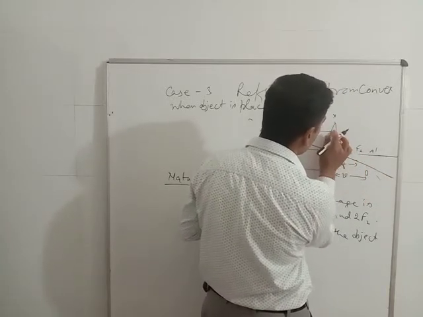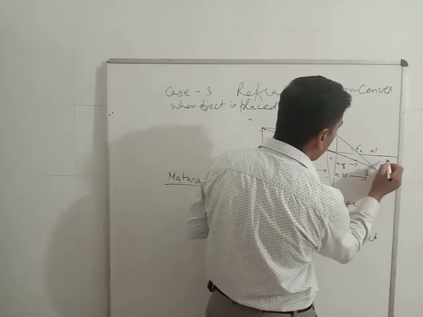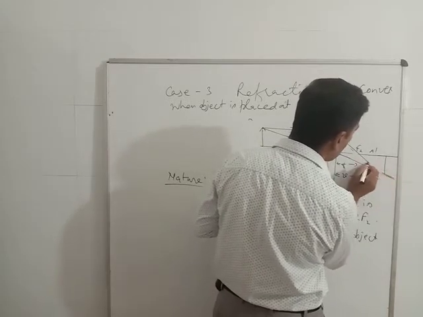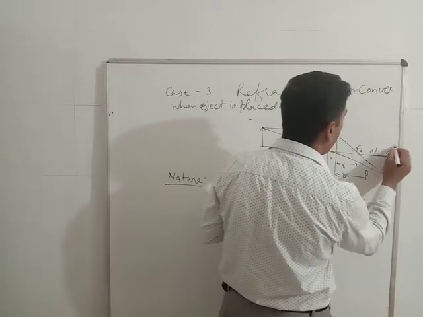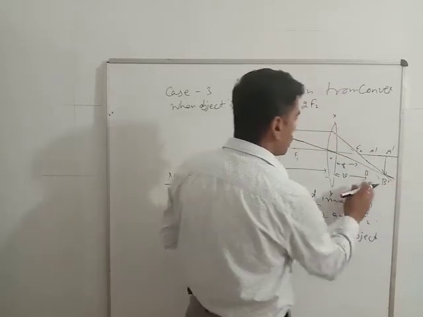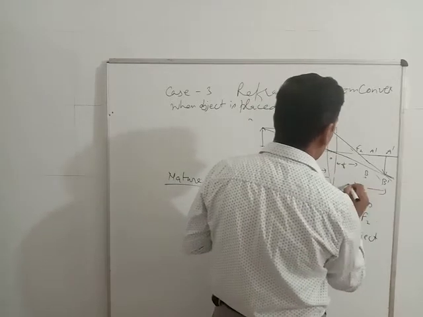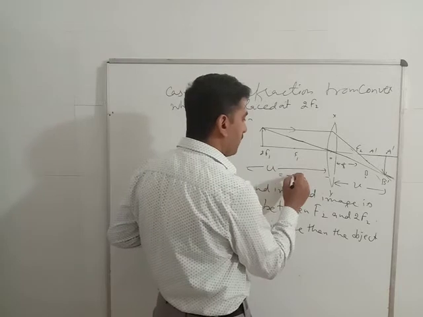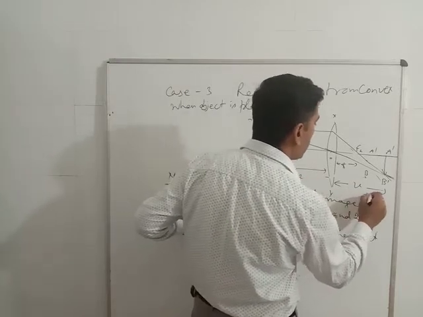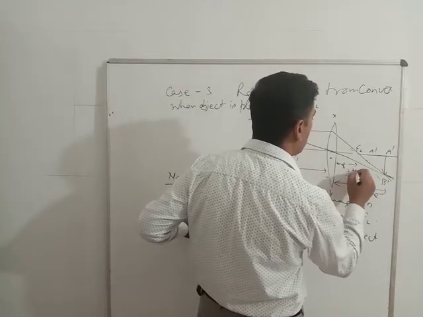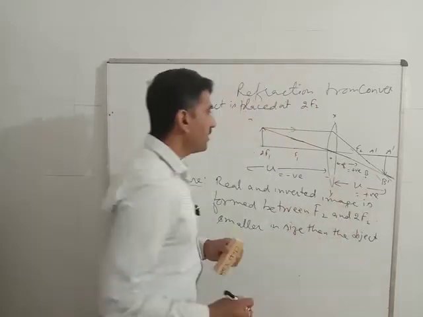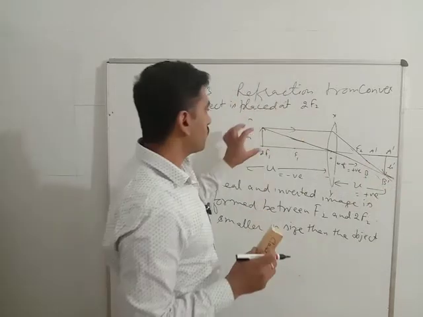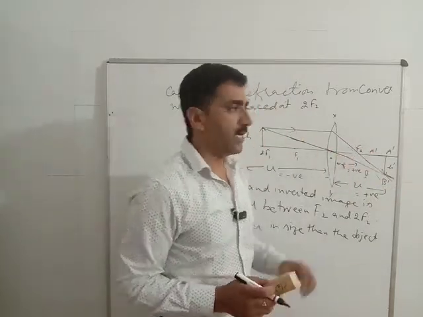So from the center you should draw, and the image will be formed at this point. So like this your image will be formed, A dash, B dash. So V will increase a little bit. Here U and V will be of equal size. U will be negative, whereas V will be positive, and the focal length will also be positive. Fine. So H will be equal to H dash, because the height of the object and the height of the image will be the same. It is the same case.